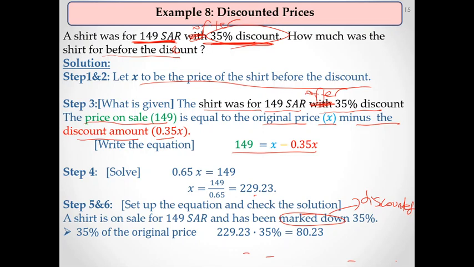And we check it. 35% of the original price you can calculate this way, and then you check like this: 229.23 minus the discount amount.